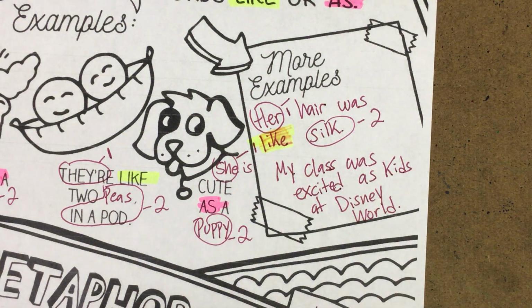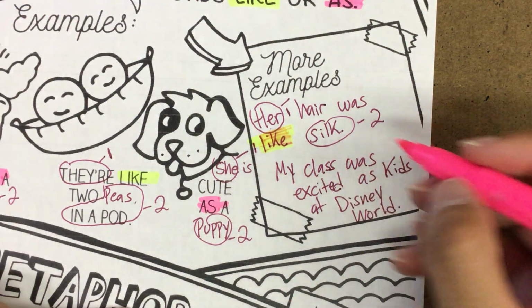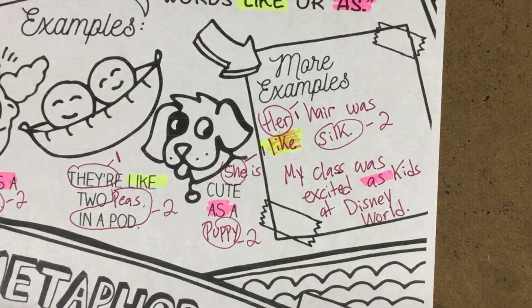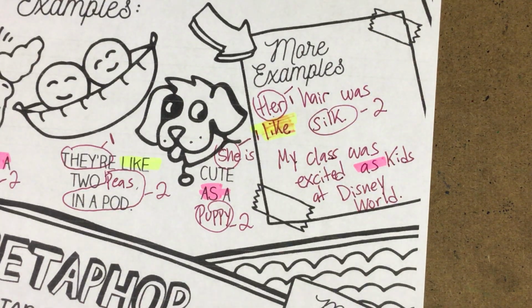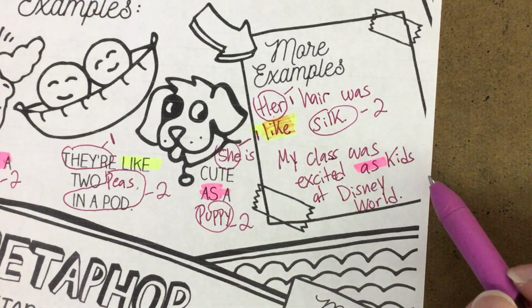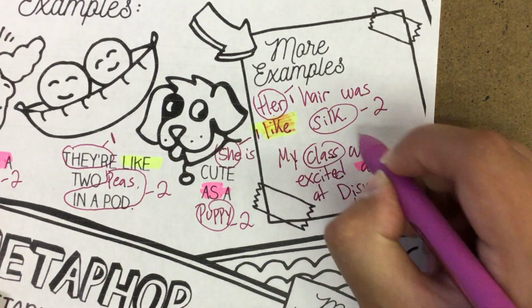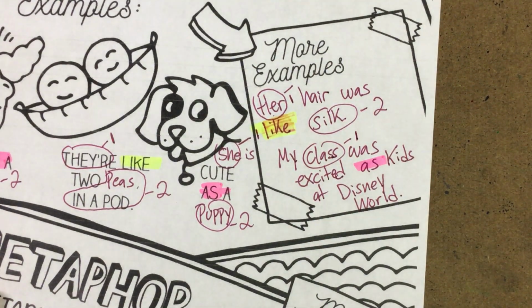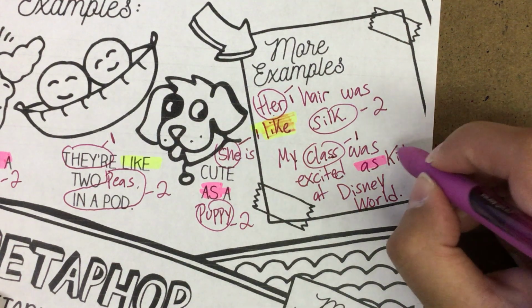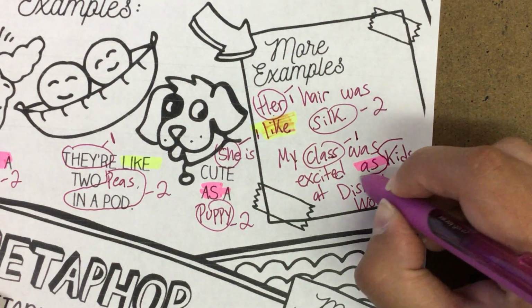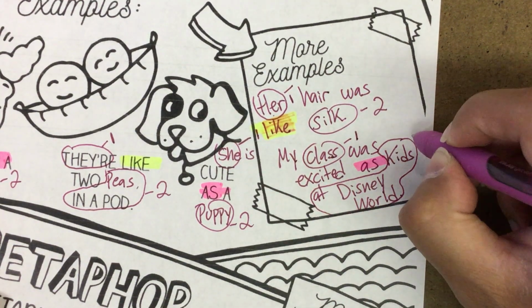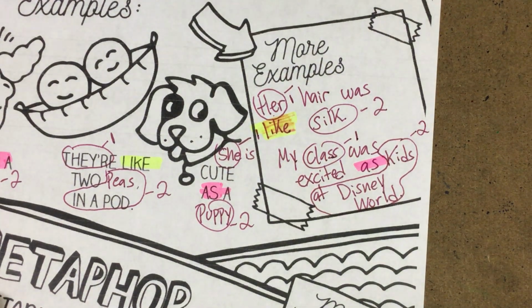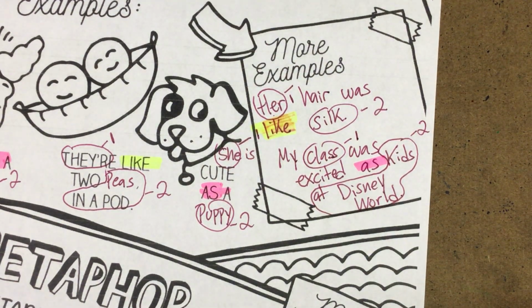So my clue word is as, and we have to identify what two things are being compared. So the class is being compared to kids at Disney World.